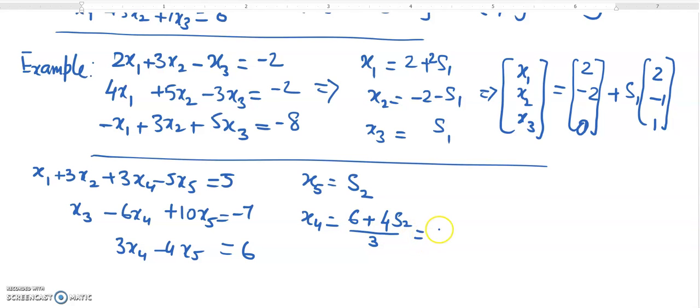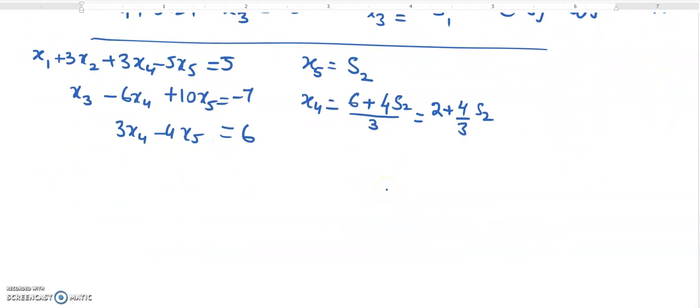So it will be 2 plus 4 by 3 s2. And now in this case, we already know x4 and x5, so I can find the value of x3.